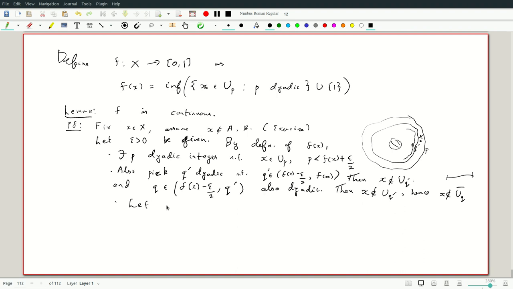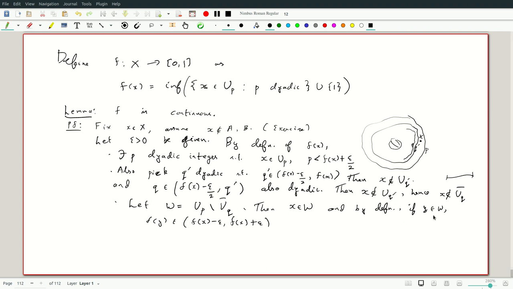Okay, so you let W be U_P minus the closure of U_Q. So the closure of U_Q is actually contained in U_P. Okay, then x belongs to W, and by definition, if y or whatever belongs to W, f of y is in (f of x minus epsilon, f of x plus epsilon).